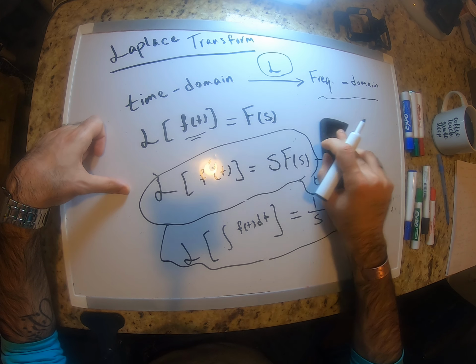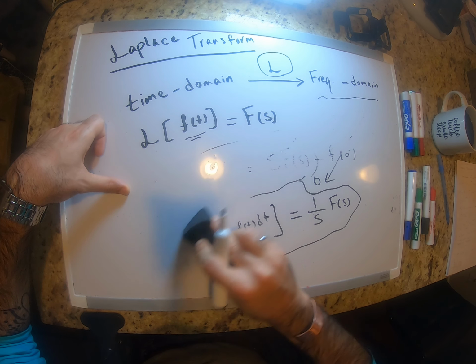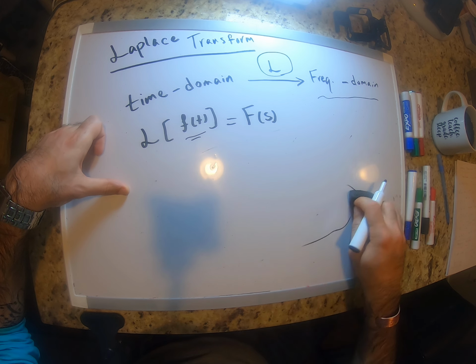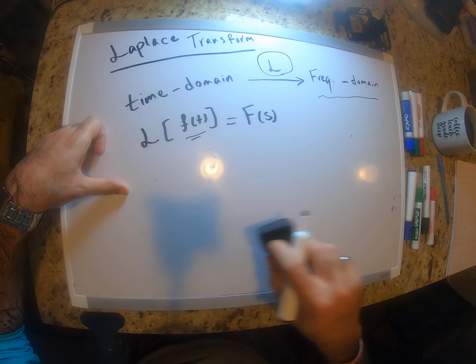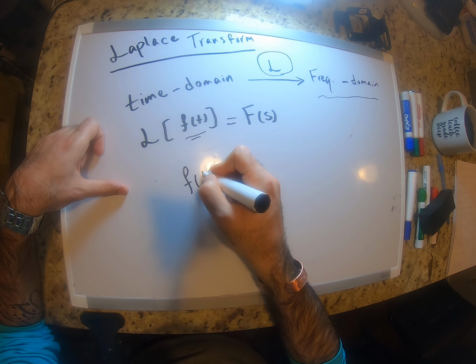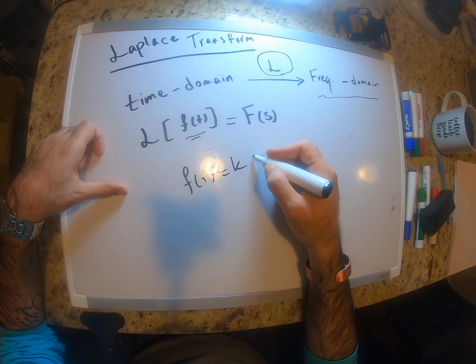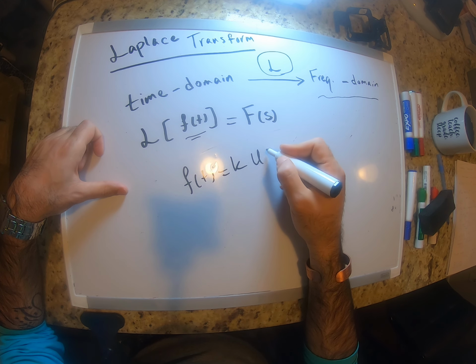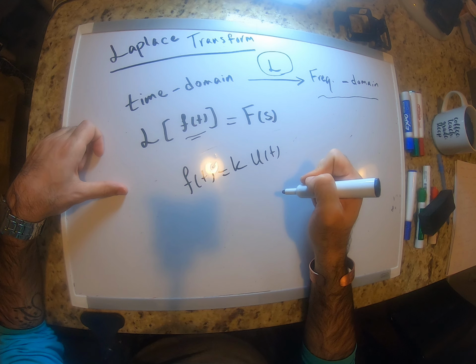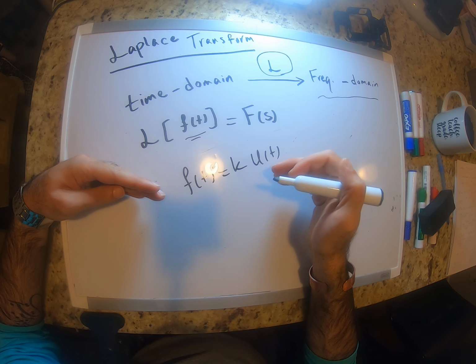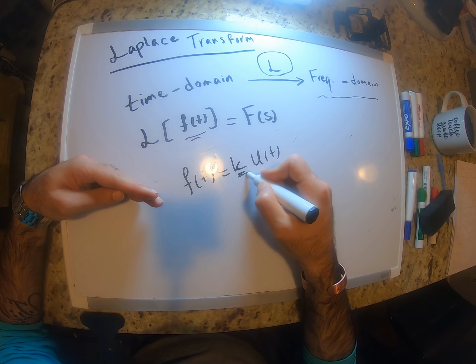And what if f of t is a constant? Or what if f of t is a unit function like this, which means it's 0 before 0 and it's k after that.